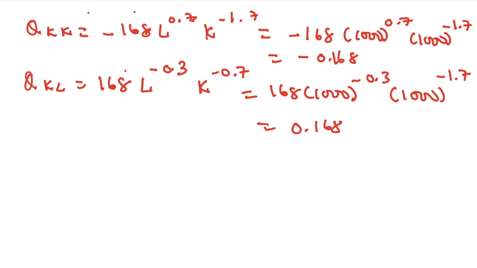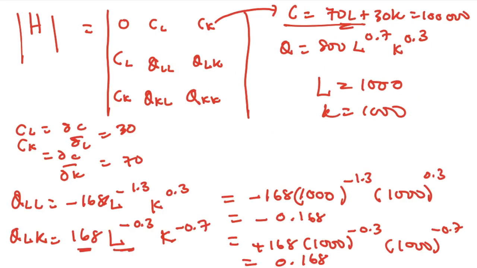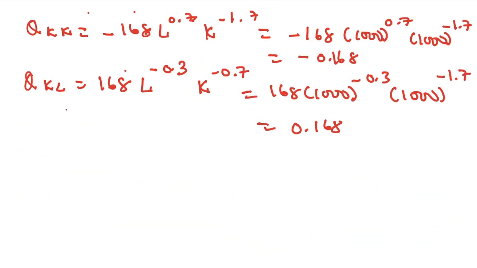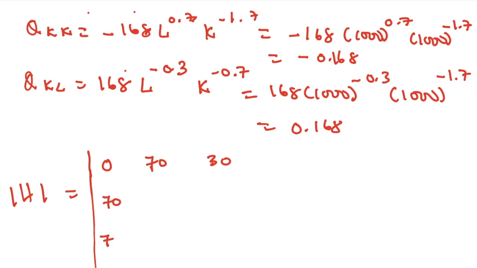So next, what should you do? You can construct the Hessian matrix. Here your bordered Hessian matrix becomes like this. 0 here, positive 70 here, positive 30 here, and then here positive 70, positive 30. Here is QLL. What is QLL?